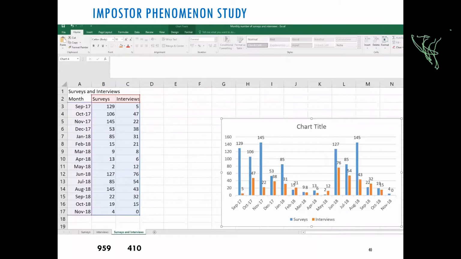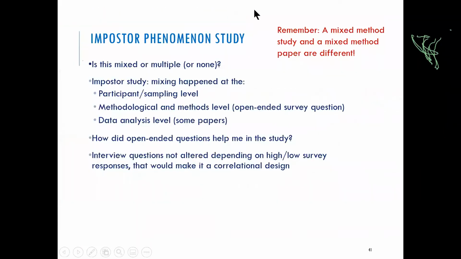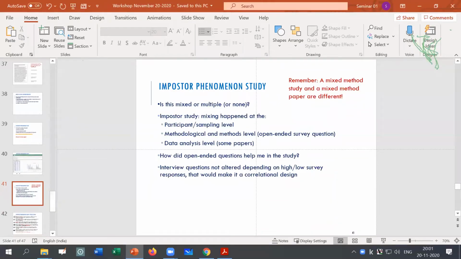In that first paper that you showed us, if you want to convert that multi-method to mixed method, they could have actually talked about mixing the results, maybe the answers from the parallel study, that the answers are similar from both these studies or something like that.